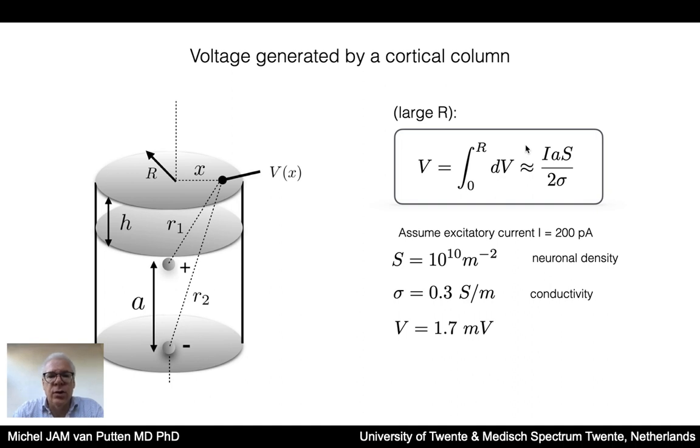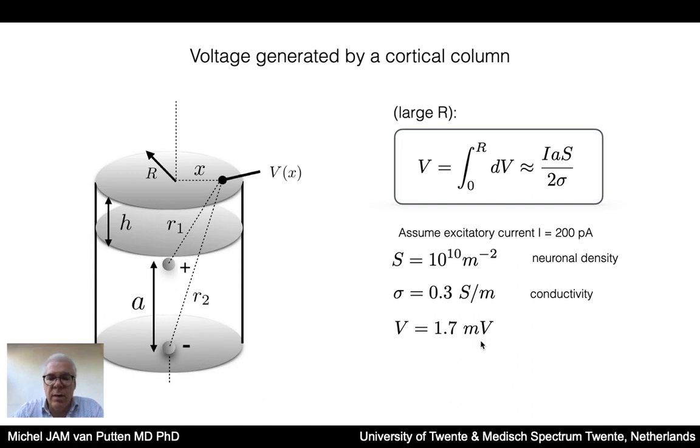So you can calculate the voltage generated by a cortical column, where we assume that in this cylinder there's a particular density of pyramidal cells aligned in parallel, and there's a particular distance from the recording electrode, and that eventually results in approximately 1 to 2 millivolts given a particular density of neurons and an excitatory input current of 200 picoamps. Now that indeed becomes a little bit more in the range of what we measure.